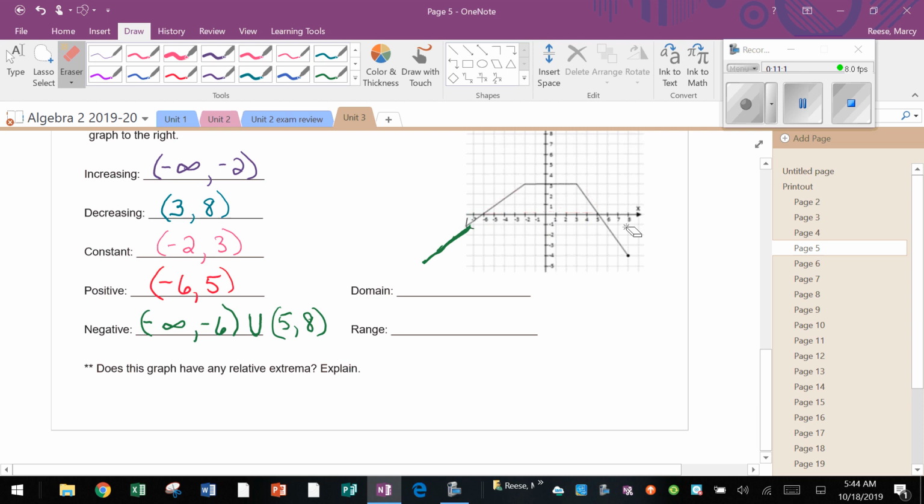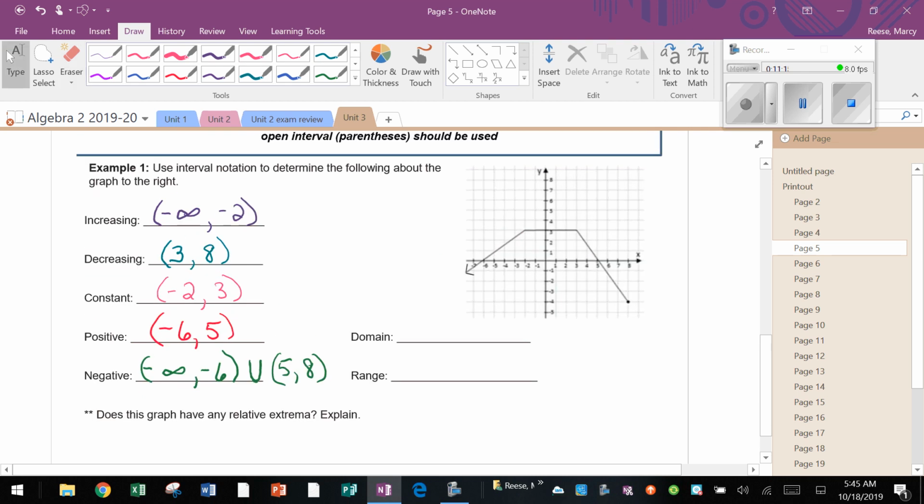All right. I'm going to erase. We're going to talk about domain and range again, because I know this is still a little bit of a trouble spot for some. Domain is your x's, right? So does it go left forever? Yes, as there's an arrow. See the arrow? As it is going left, it is going down. So it's going to continue to go to the left forever, because as it's going down, it's moving to the left.